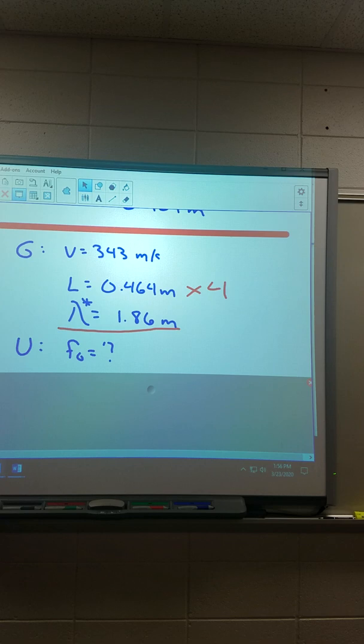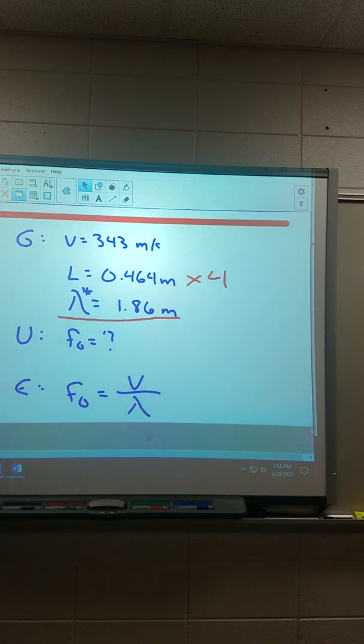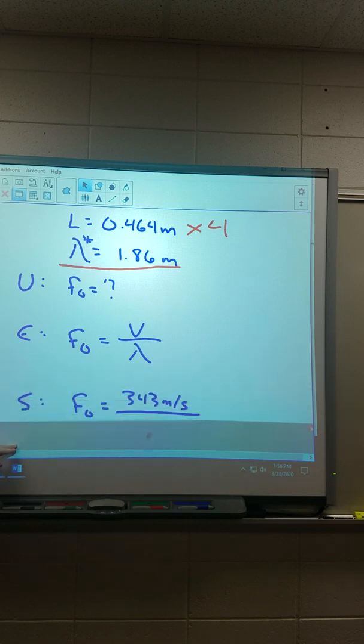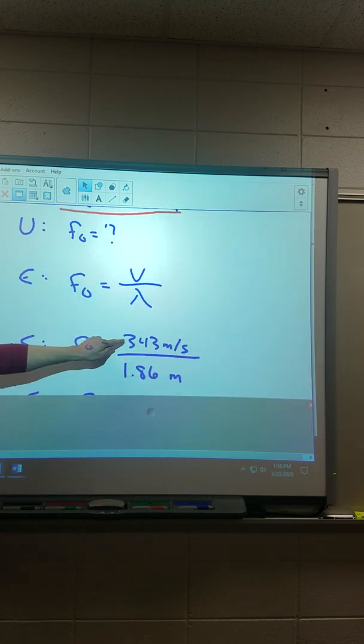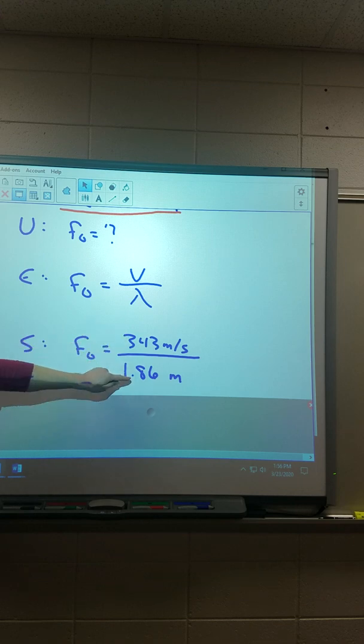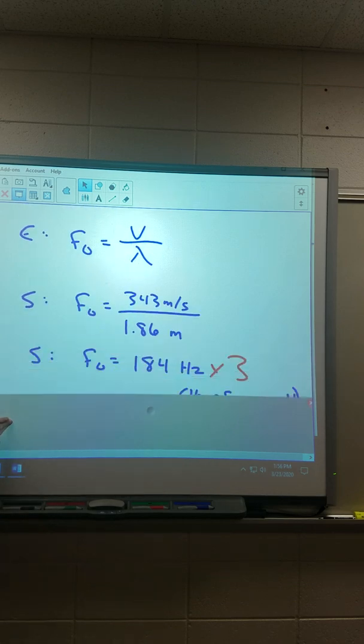That means for my fundamental harmonic, I'm going to rearrange my wave speed equation here. And so I'm going to take the speed of sound, 343 meters per second, divided by my new wavelength of 1.86 meters. And I'm going to find out that in this case, my fundamental frequency is 184 hertz. Okay?